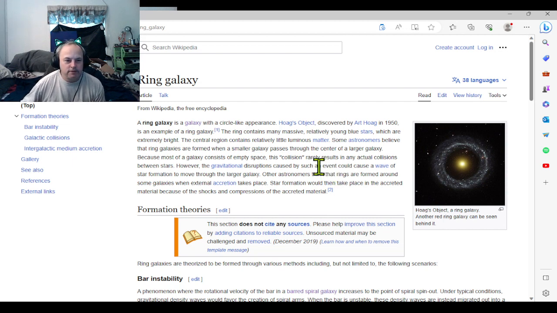The disruptions caused by such a collision could cause a wave of star formation to move through the larger galaxy. Other astronomers think that rings are formed around some galaxies when external accretion takes place. Star formation would then take place in the accreted material because of shock and compression of accreted material. Okay, so that's a ring galaxy.